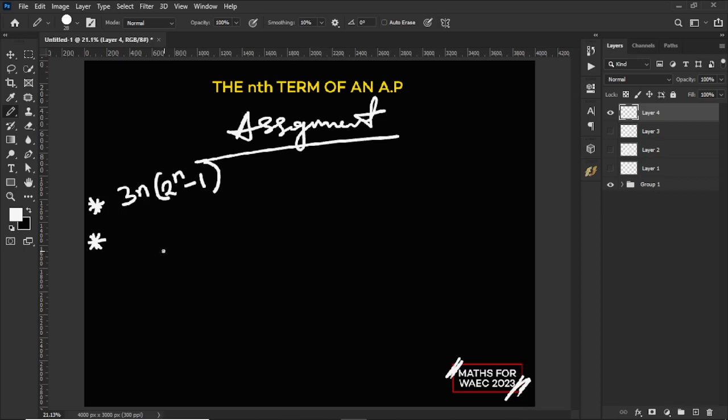Question 2. Given that the nth term of a sequence is given by the formula n over 2 into bracket 3n squared plus 1.